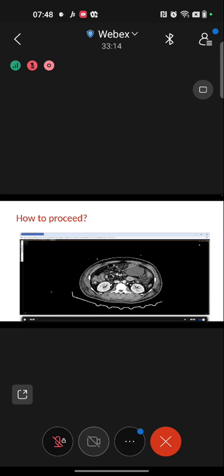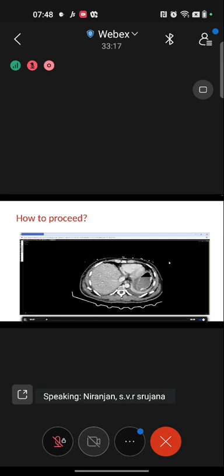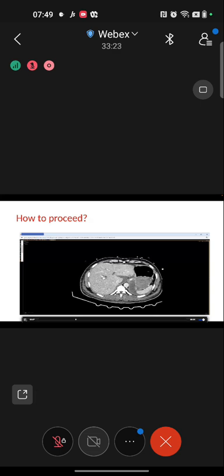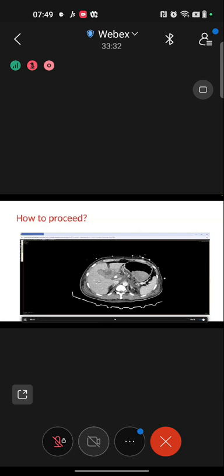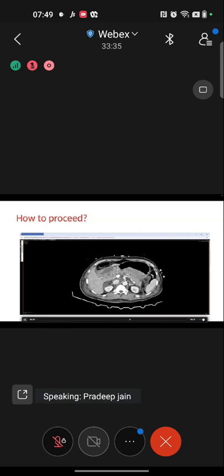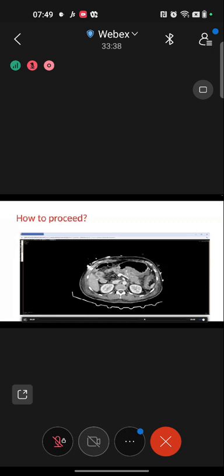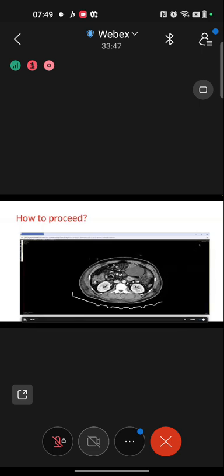Yes. So there is a collection in the lesser sac. There is distension of the stomach as well as a collection in the sac.